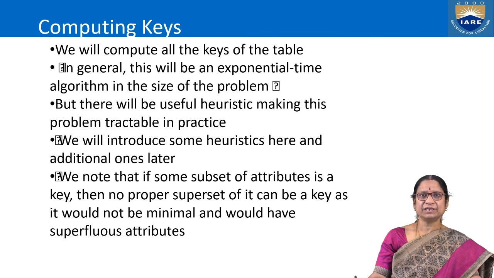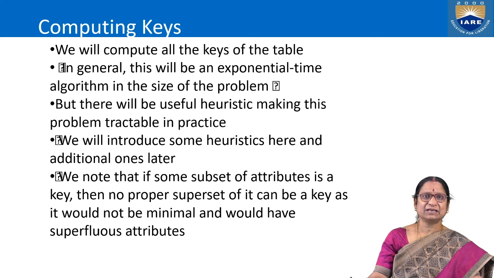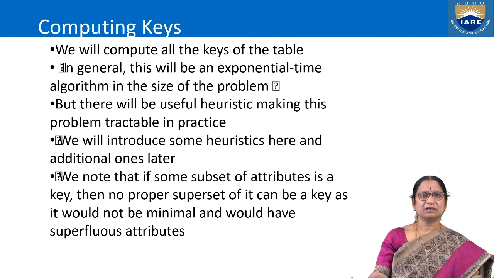So how to compute keys? Whenever you are finding attribute closure, we can compute closure of single attributes, combinations of two attributes, combinations of three attributes, and so on. Based upon that, we will compute all keys of a table. In general, this takes more time because first single attribute closures we consider, then two attribute closures, then three attribute closures.